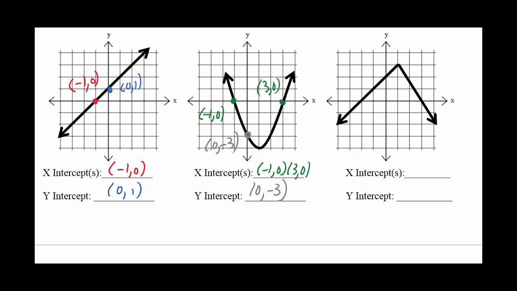All right, last picture here for this one. The x-intercept crosses the x-axis twice. Looks like that's at -2, 0, and at 3, 0. And it crosses the y-axis at 0, 2.